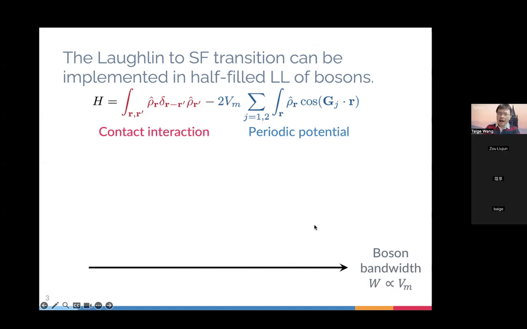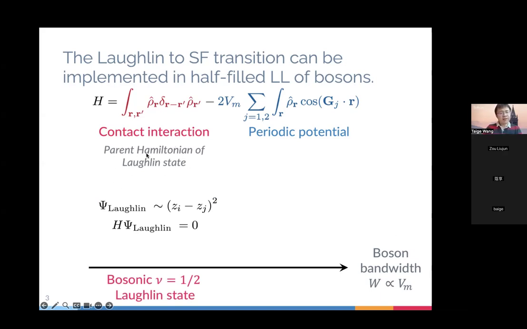Due to the magnetic algebra, the strength of the periodic potential simply translates into the bandwidth of this lowest Landau level. The easiest way to see it is that the density operator rho_k is an eigenoperator in momentum space under this periodic potential, and you'll see that it obtains a dispersion which is precisely cosine of k dot a, where a is the lattice vector of this periodic potential.